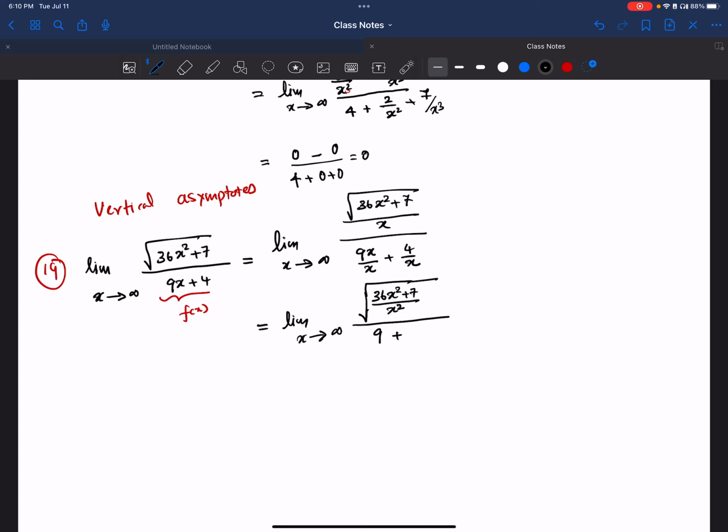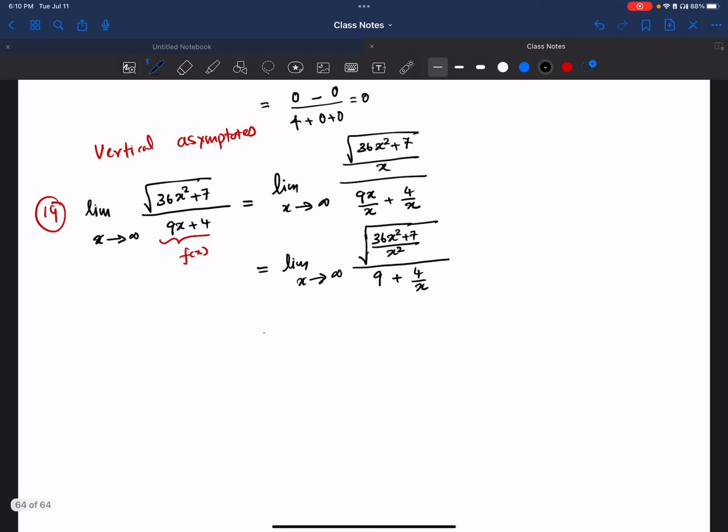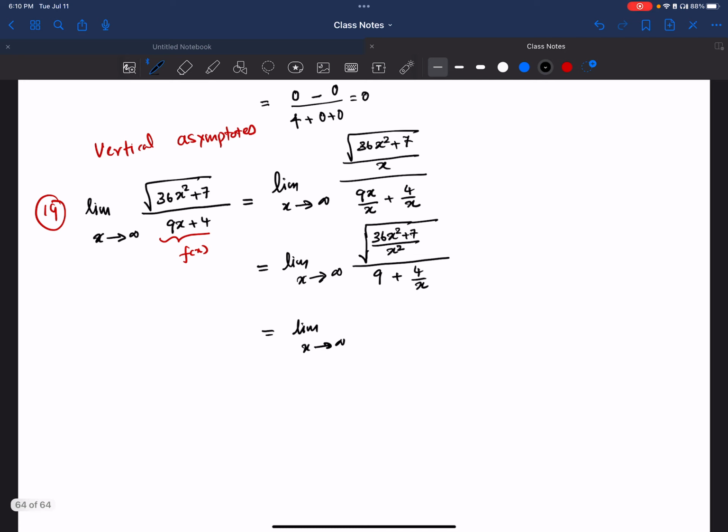The denominator is 9 plus 4 divided by x. And then we can simplify inside the square root sign. So we have 36 plus 7 divided by x squared in the square root sign, and in the denominator you have 9 plus 4 over x.